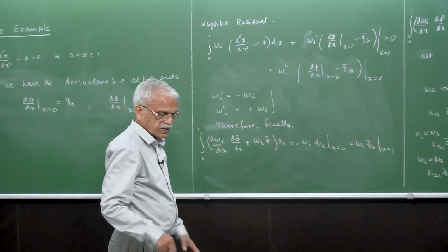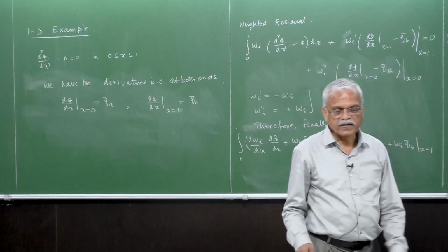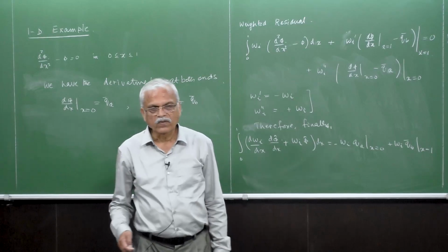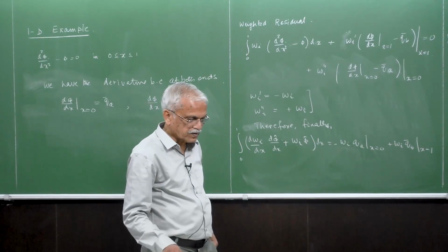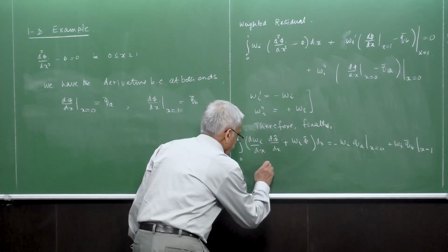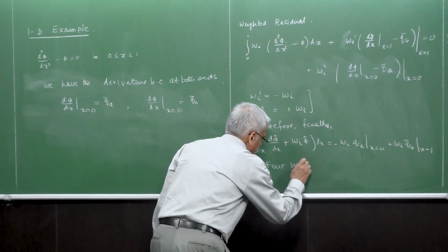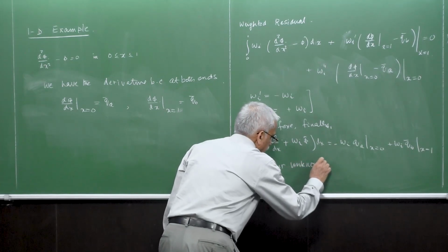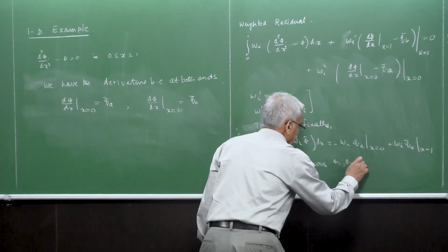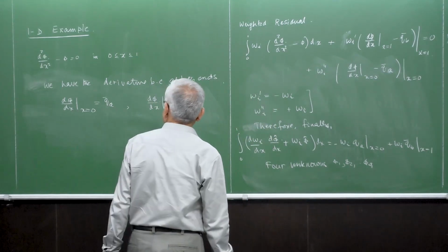Okay, so that's only the additional term. What you get here is that we can use the weighting function as N1, N2, N3 or N4 because there is no boundary condition on the function itself. So we have 4 unknowns, phi 1, phi 2, all are unknowns here, right?